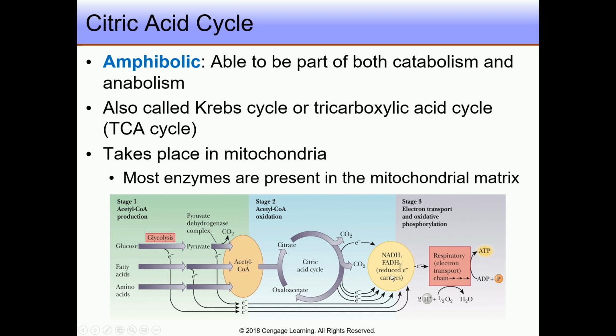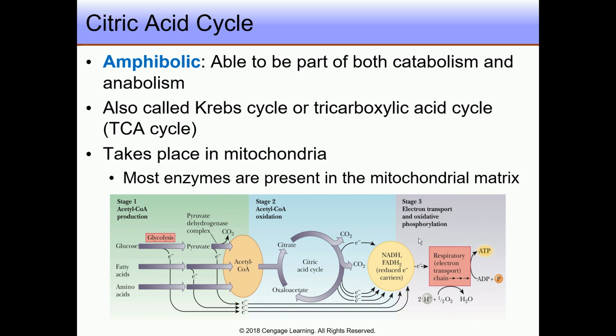All the electrons carried by them are taken to the inner membrane of mitochondria, where 4 protein complexes are embedded, and these 4 protein complexes are called the electron transport chain. In the inner membrane of mitochondria there is another enzyme called ATP synthase. These electrons flow through these proteins, and while flowing they are also involved in pumping protons to the intermembrane space.